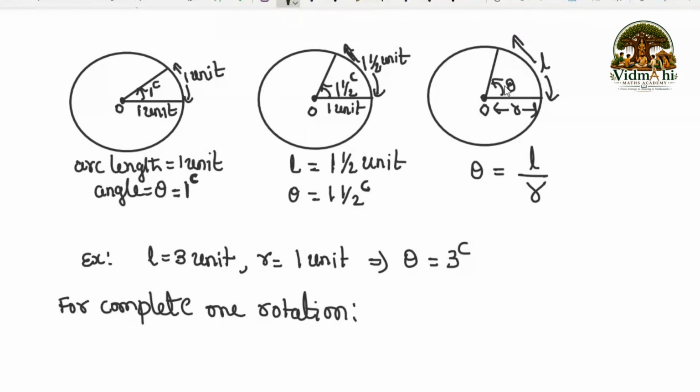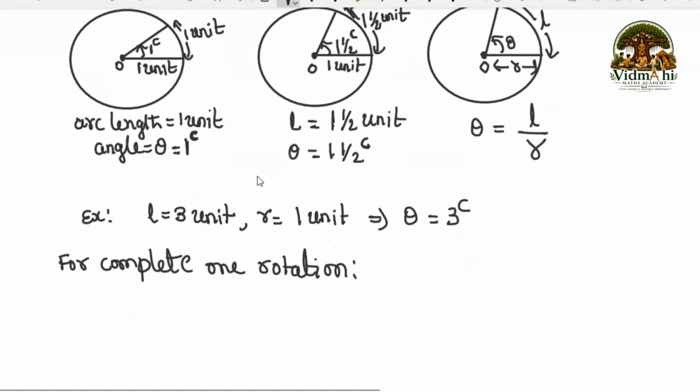Observe here, for the first diagram the arc length is 1 unit and here it is 1.5 unit. Like that, for complete one rotation, we have to consider the boundary of the circle, that means the circumference of the circle.